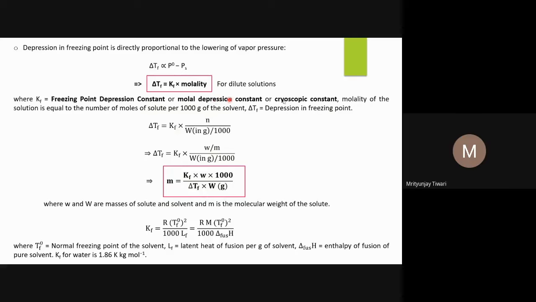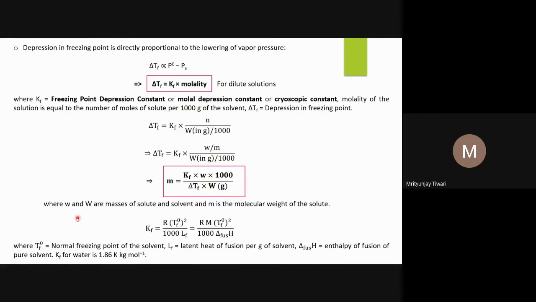If the molar depression constant is written, it is also Kf. Freezing point depression constant is also Kf. Whatever term is used in the numerical problems, you should not be confused. So this is the depression in the freezing point, and this equation you should remember.